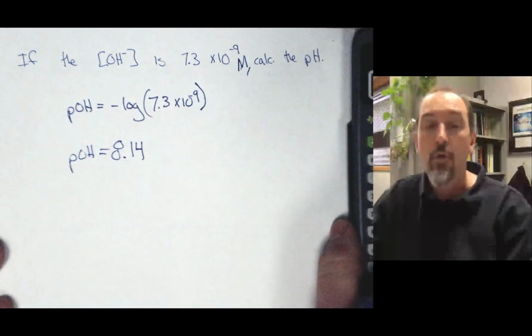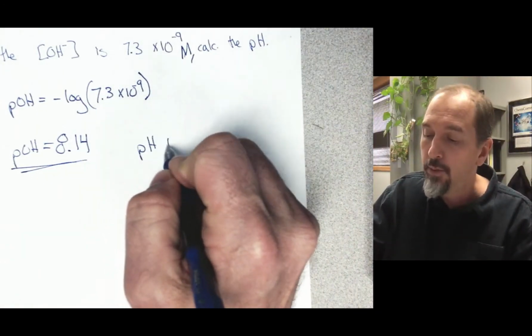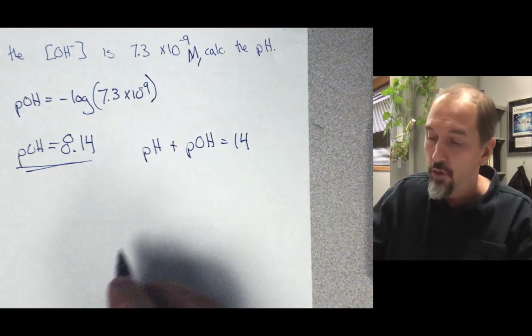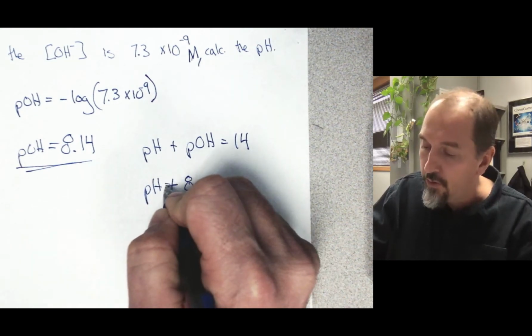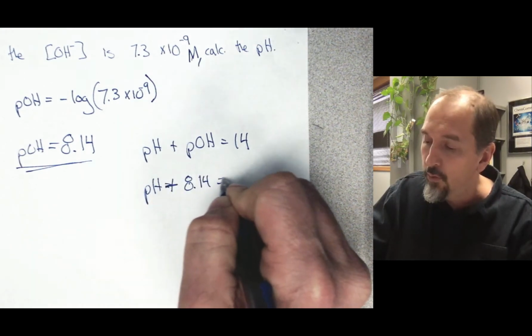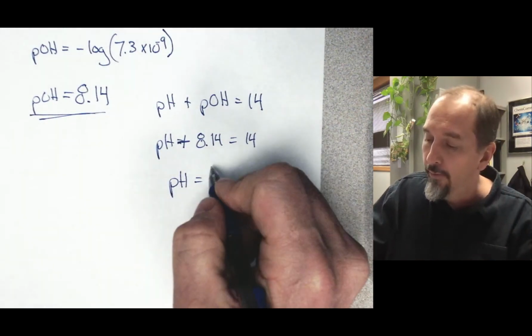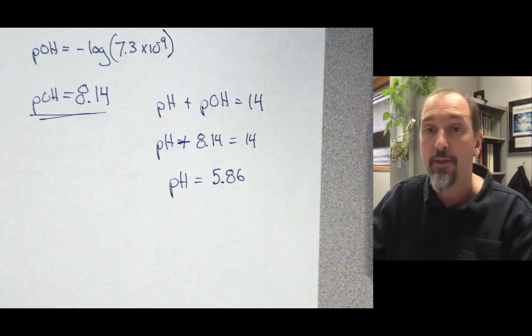Now this is the pOH. To get the pH, I have to keep in mind that the pH plus the pOH always equal 14. So if I plug in, the pH plus 8.14 equals 14, and I get the pH equal to 5.86 when we do that math.